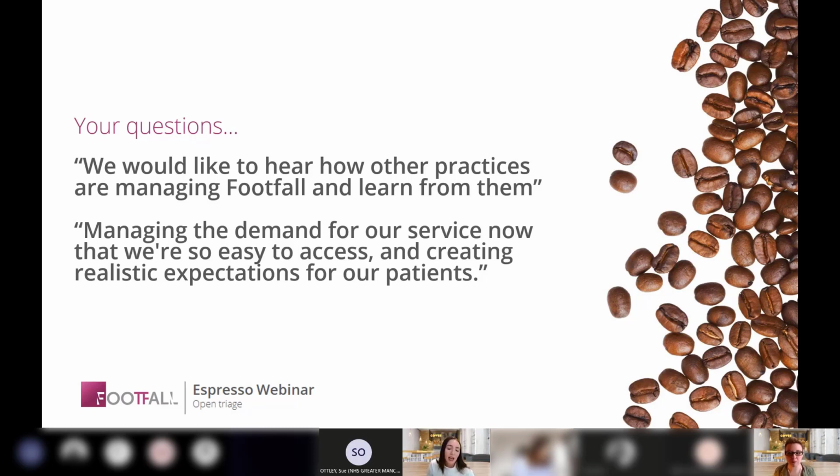Another suggestion we have is our triage team. Depending on the size of your practice, it depends on how many people you have available, and how you're using footfall. A triage team is basically people that could be a part of your administration team or the receptionists, who look at every single request that comes in through the dashboard and triage it out to the most appropriate member of staff.